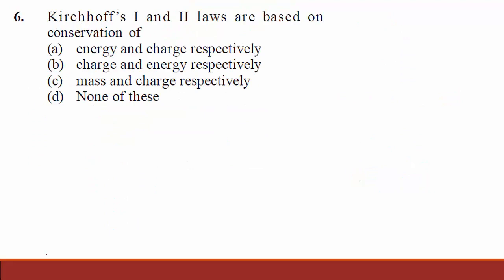Kirchhoff's first and second laws are based on the conservation of what? You have studied Kirchhoff's two rules in current electricity. Kirchhoff's first law states, we already know it, that the algebraic sum of the currents or the algebraic sum of the charges meeting at the junction is 0. That is, summation of I, or we can take summation of Q, is equal to 0.